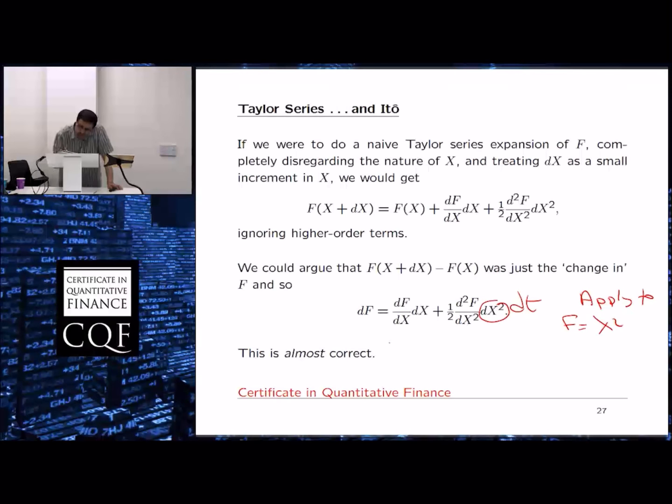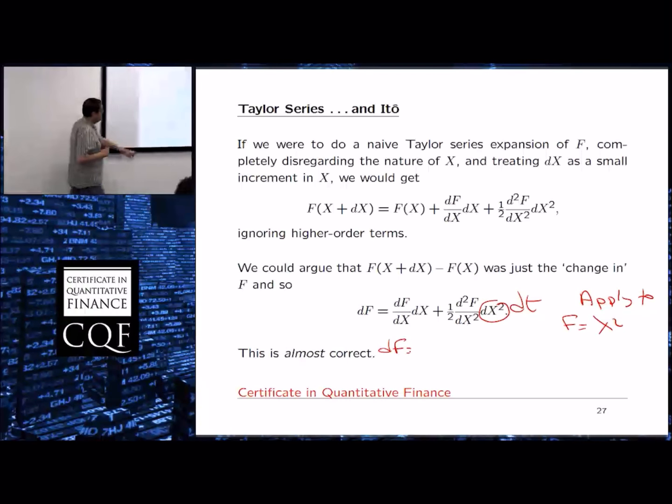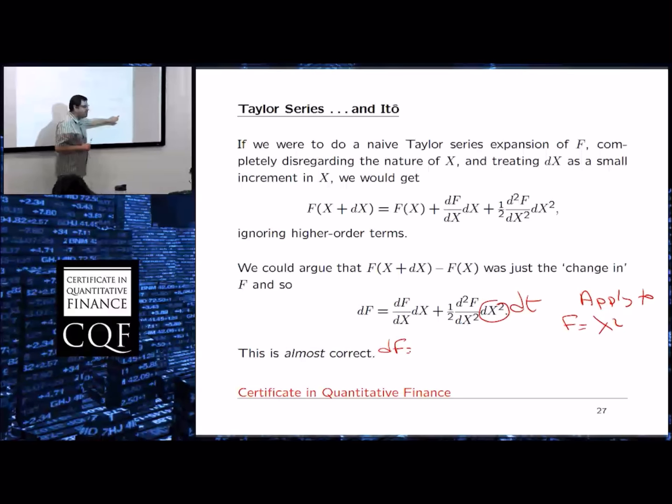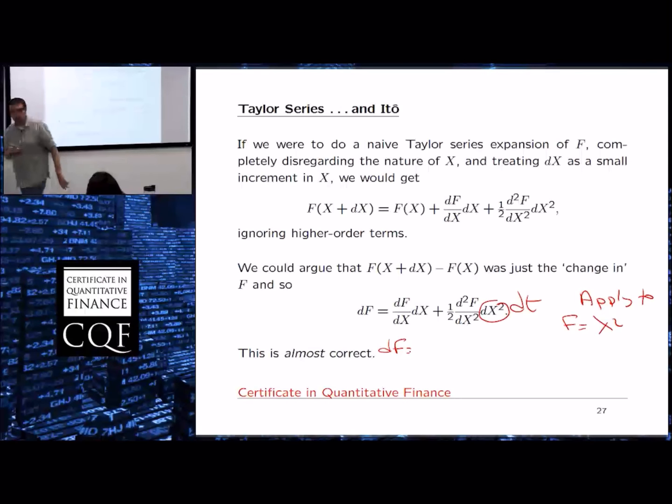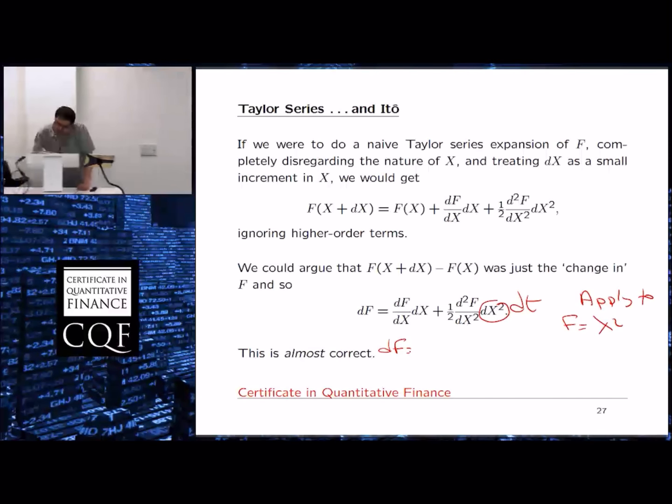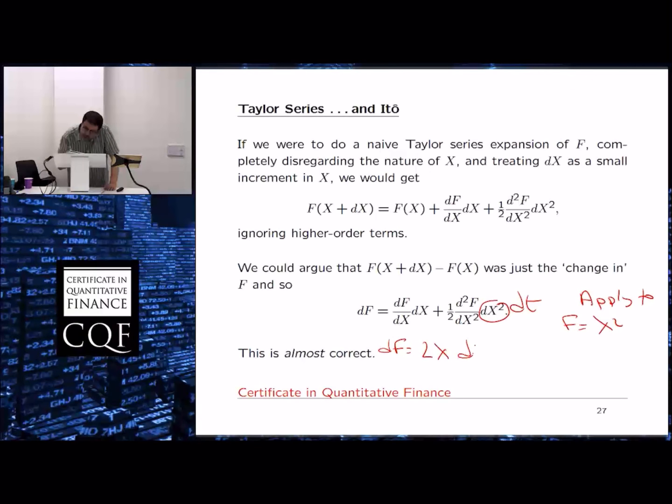So therefore, df is equal to, well, what's df by dx? If f is equal to x squared, and we want to do this the proper way, df by dx is 2x, and then d squared f by dx squared is 2. So what do we get? We get 2x dx plus a half times 2 times dt. So we end up with df is equal to 2x dx plus dt.